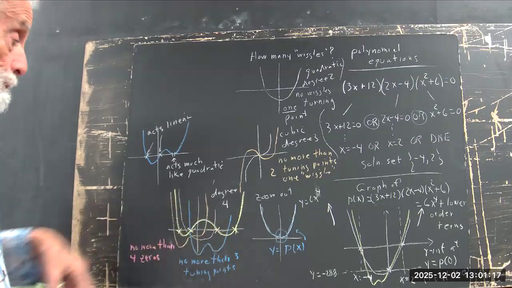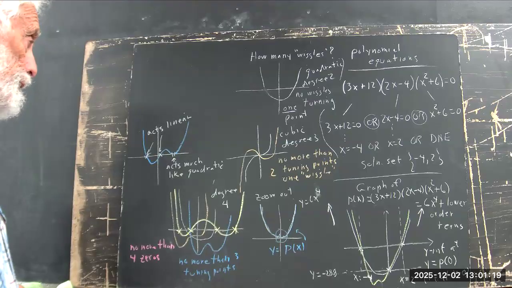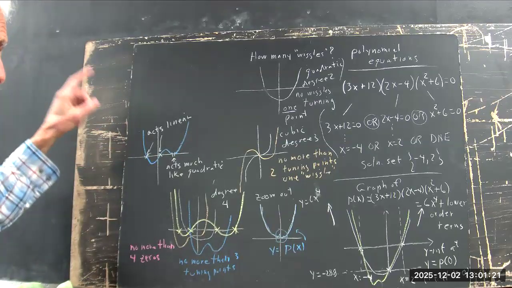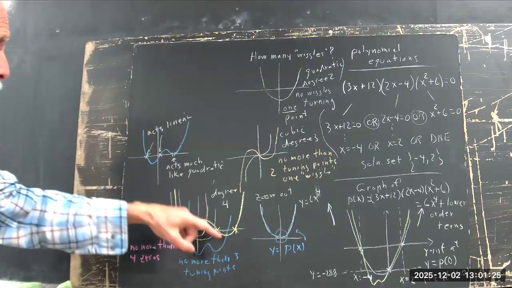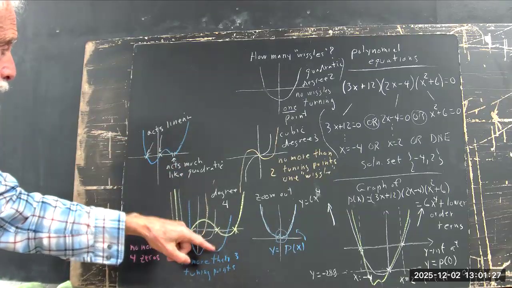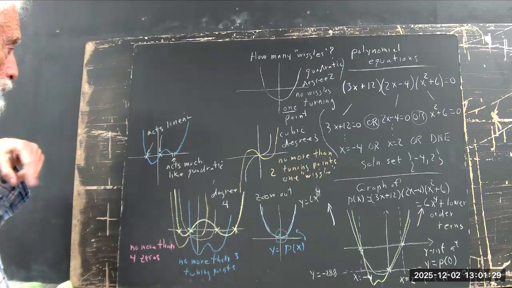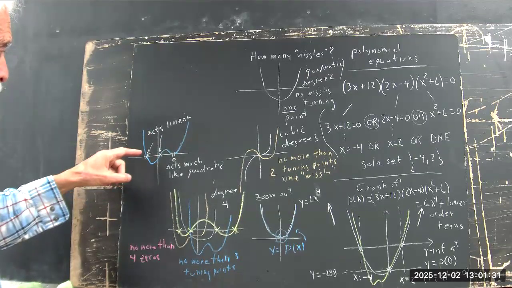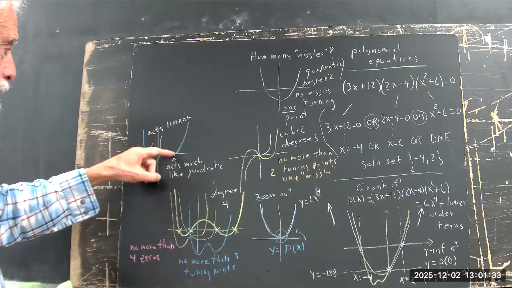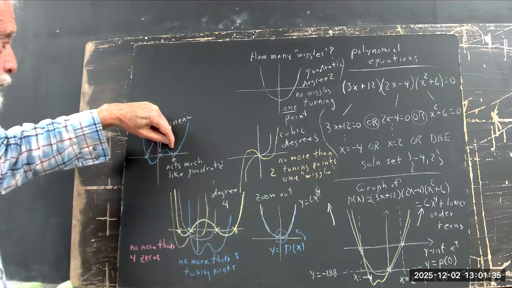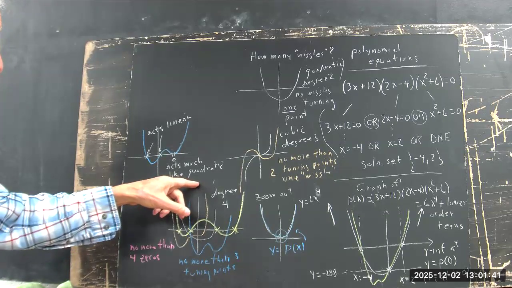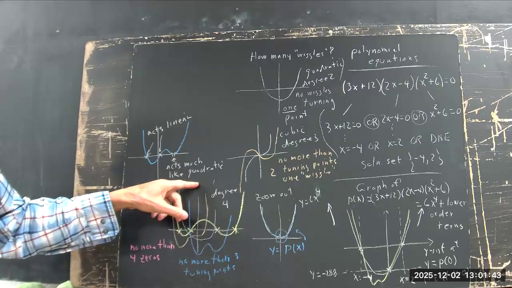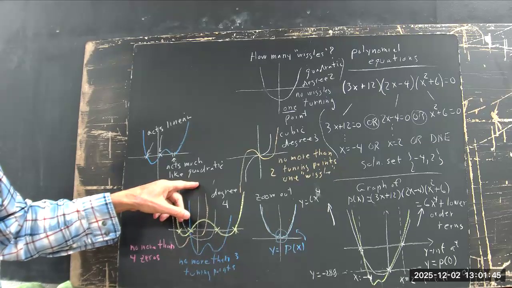Just to refresh your memory, if you do that, so that this thing touches the x-axis, what do you get? You get a zero here, you get a zero here, and you get a zero here. This zero has multiplicity 2, because it acts much like a quadratic. And we've been through a lot of details on why that is.